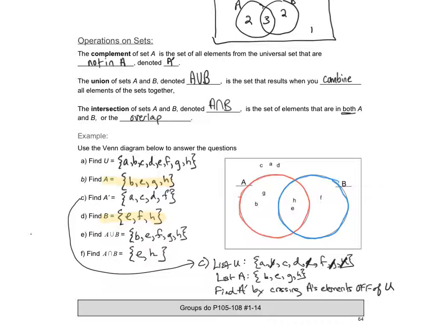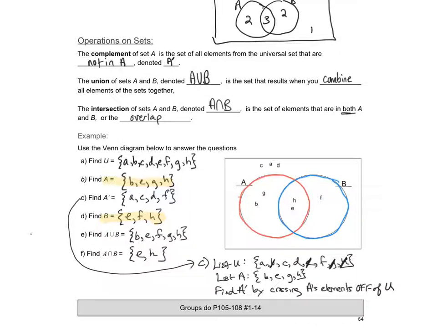Now, if I want to do the same thing for the union, if I want to find the union of A and B, it means I'm going to look at combining these. So I'm going to look at merging all of A with all of B and looking at that whole big group together.